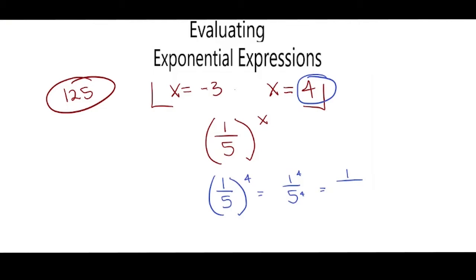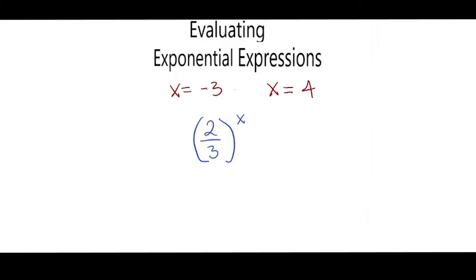All right. 5 to the 4th power is 5 times 5 times 5 times 5, and that is 625. So when x is 4, this expression's value is 1/625. And those are your answers.